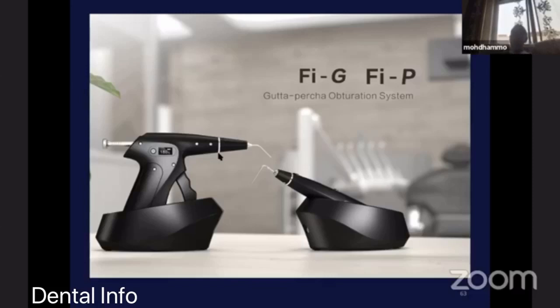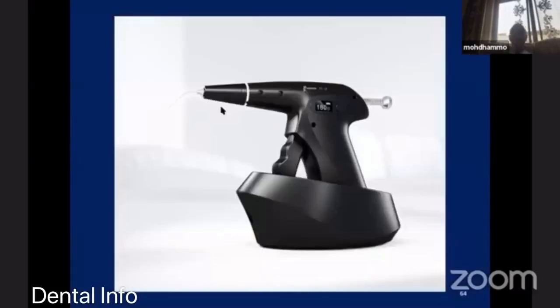So let's see here. After filling the apical part of the canal with the down pack obturation technique, we will use the Guttapercha gun, with which we use flowable Guttapercha to fill the resorbed part. So let's see here what we will do.